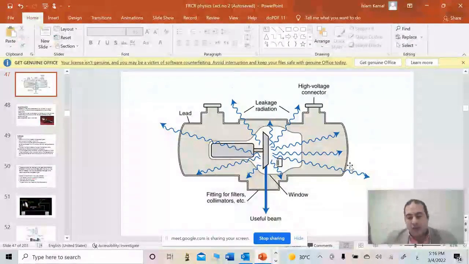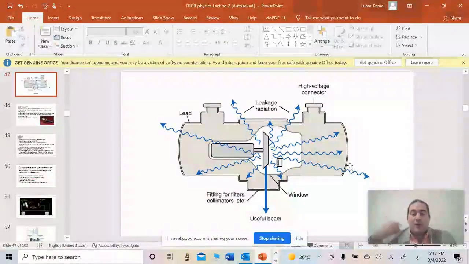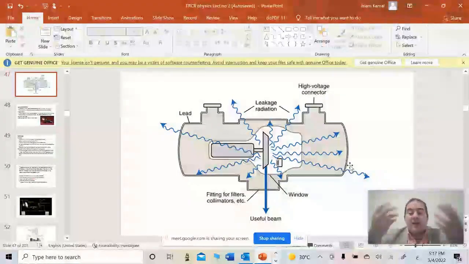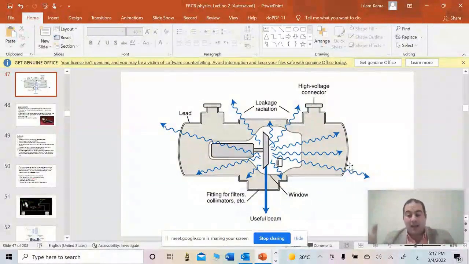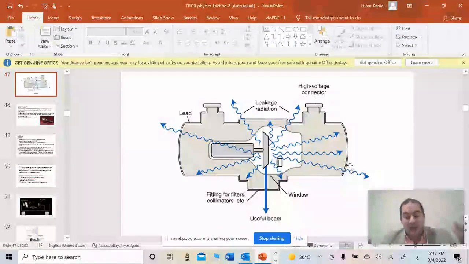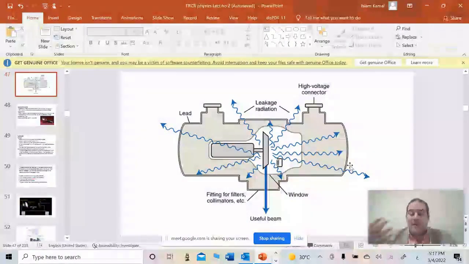When there is an increase in filament voltage, it will increase the number of electrons produced due to thermionic emission at the filament. Consequently, this will lead to an increase in the number of electron interactions with the atoms, resulting in an increase in the number of X-ray photons produced.